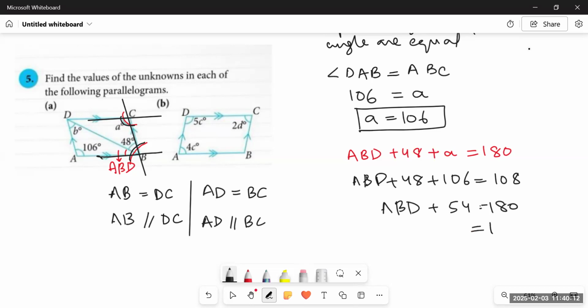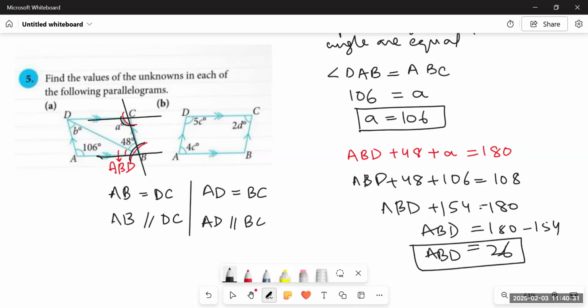If we subtract 154 from 180, we will get the answer as 26. It means angle ABD is equal to 26 degrees. You see? This is how we can easily find this angle.